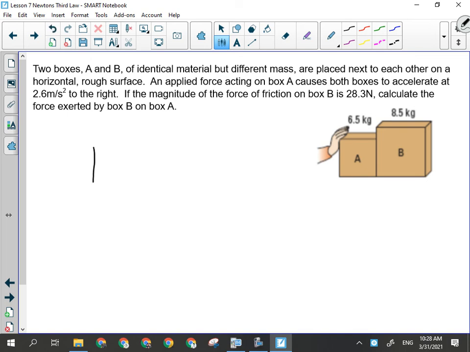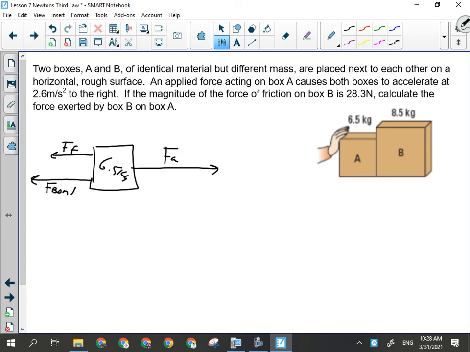So if I'm looking at box A, box A has got a lot going on, right? It's 6.5 kilograms. There's an applied force that I don't know the value of. There's a force of friction that I don't know the value of. And there's this force that they want me to find, the force of B on A. I don't have enough information to solve this with box A. There's just too much there that I don't know.